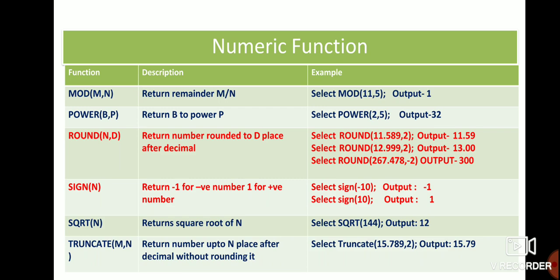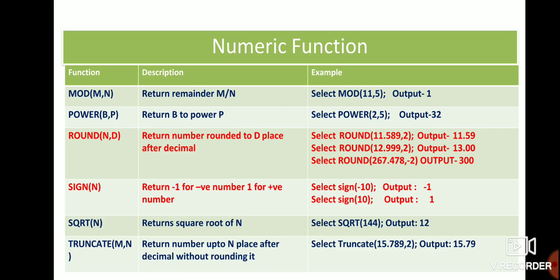Next is round n comma d. It returns the number rounded to d places after the decimal. For example, select round 11.589 comma 2. So what will be the output? It will round up to 2 places. So 11.59 will be the output. Next is sign n.